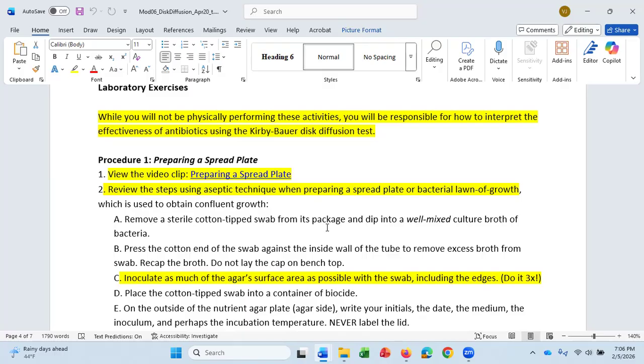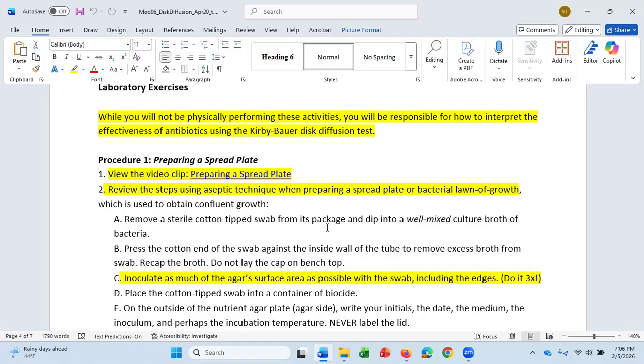Then you rotate the swab a quarter of a turn. You rotate the plate a quarter of a turn, and then you swab the plate everywhere. You make sure you're swabbing everywhere so you get bacteria to grow everywhere. You then take the swab and go around the edge of the plate to make sure the edge will have growth on it, because occasionally I might not touch the exact edge.